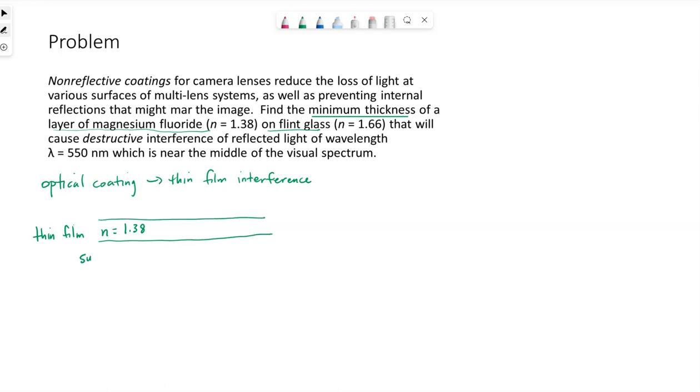It's on the flint glass, which has an index of refraction of 1.66. Up here would just be air, because somewhere over here is what we would be taking a picture of. So in this particular situation, n of the surface is greater than n of the film.